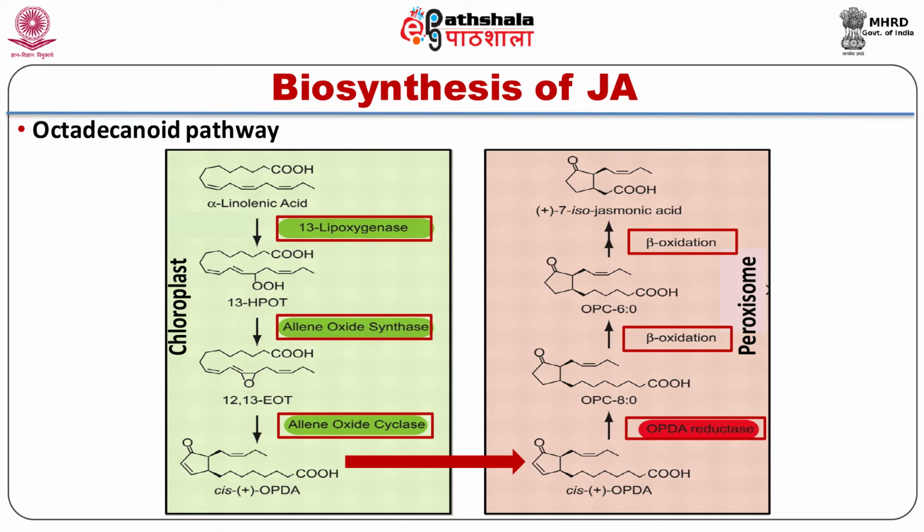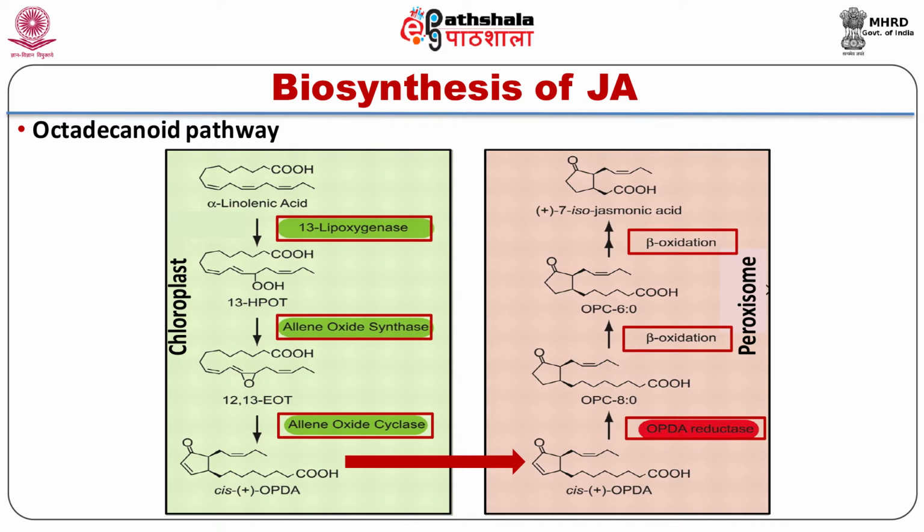After being reduced, it undergoes 3 cycles of beta oxidation by the acyl-CoA oxidase 1 enzyme, multifunctional protein and L3-ketoacyl-CoA thiolase, and is converted to jasmonic acid.